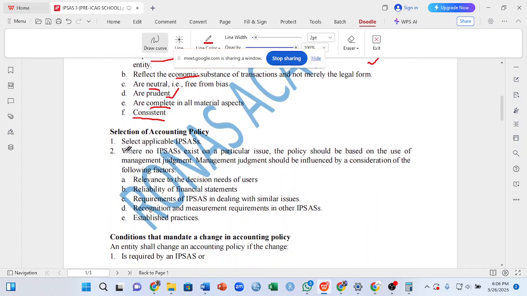So let's look at selection of accounting policy. How do we select an accounting policy? The first step is that if you have an accounting policy relating to a particular treatment which has been covered by an IPSAS, then you are going to use that particular accounting policy.